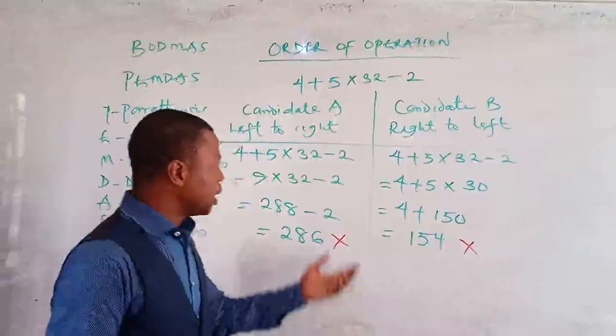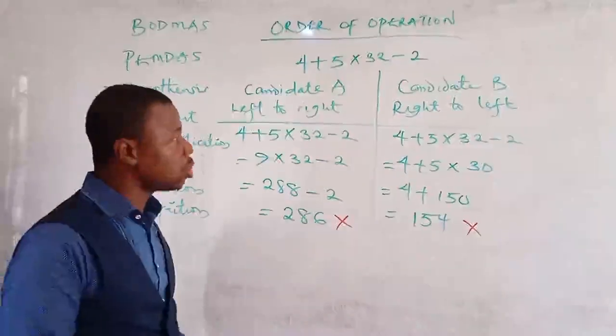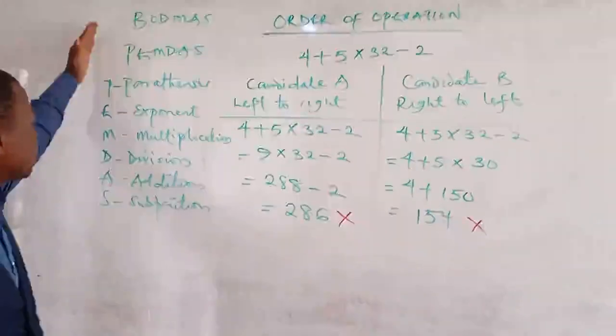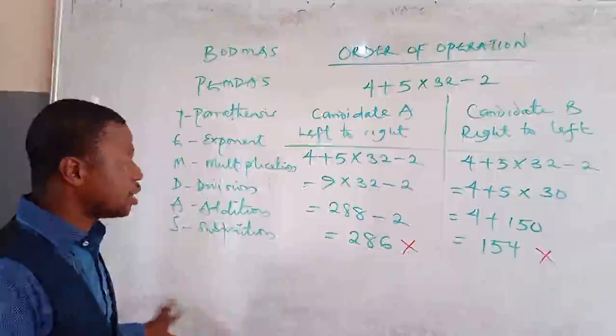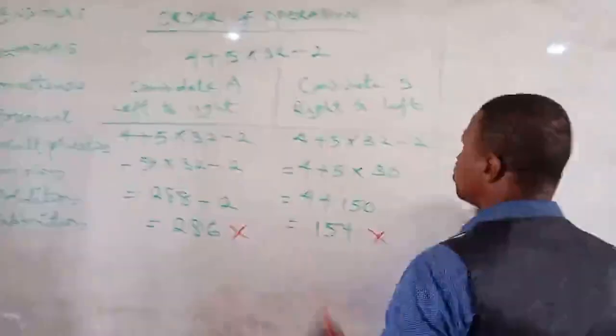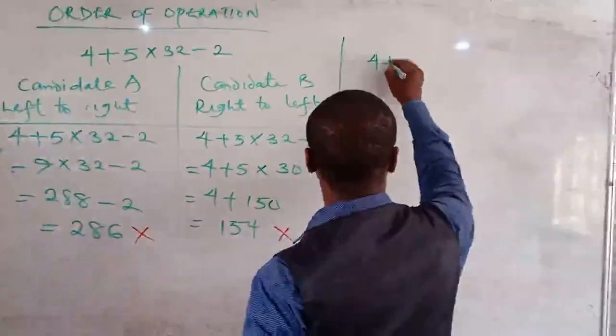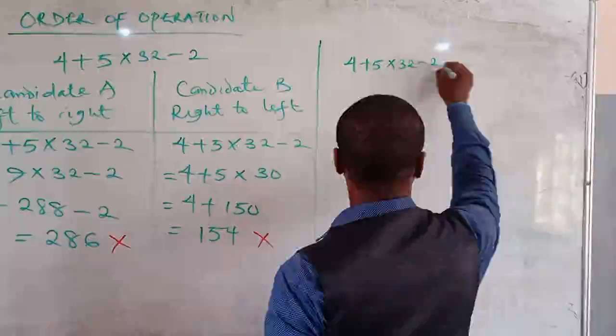Since candidate A got it wrong and candidate B got it wrong, we need to follow this rule in order to arrive at the correct answer. Following the rule of operation, let's solve 4 plus 5 multiplied by 32 minus 2.